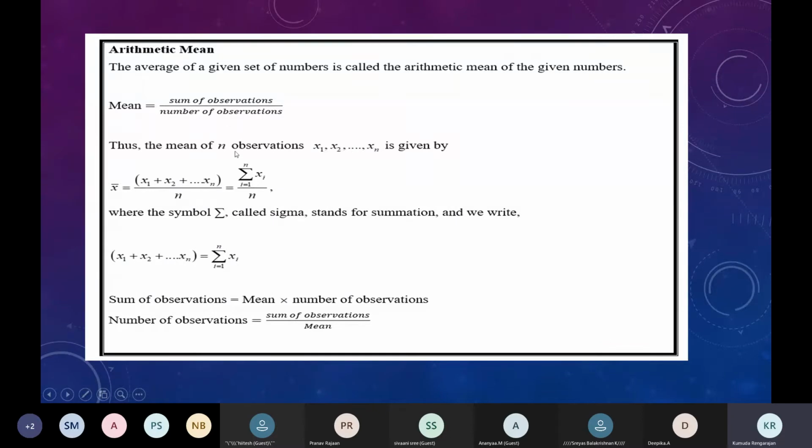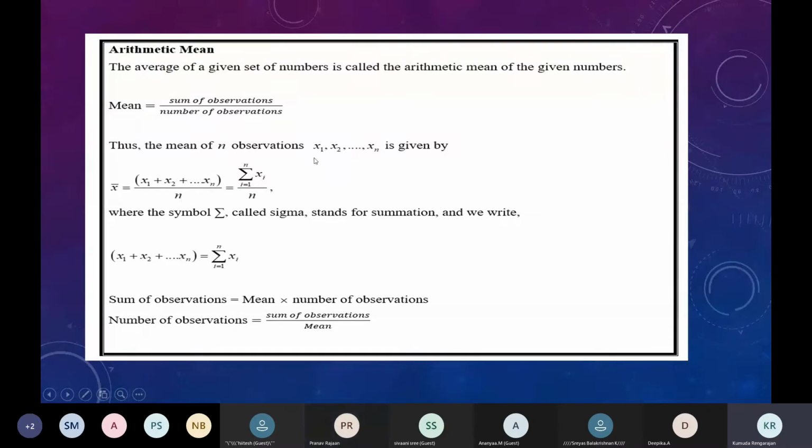If we have 20 observations, then it will be x1, x2, x3, so on till x20. Now here we are considering n observations, so the last observation according to this will be xn.